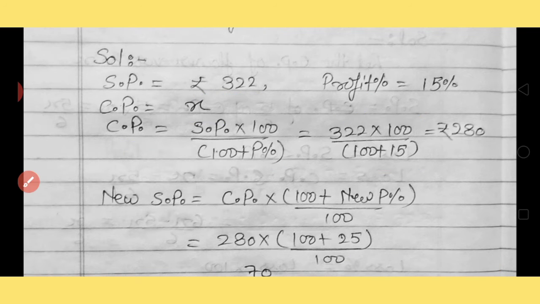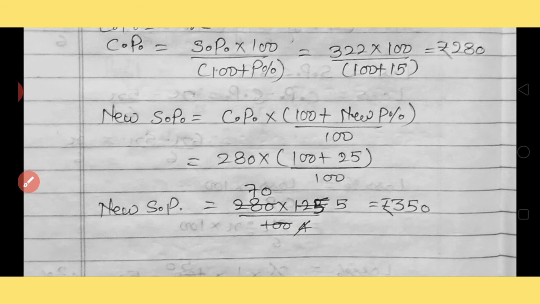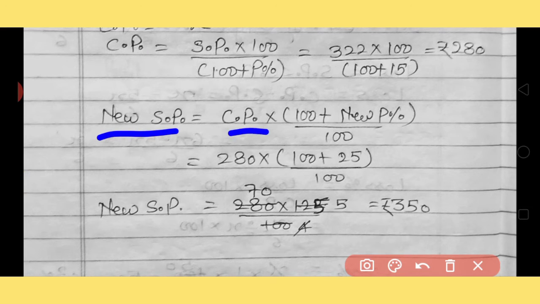Now we have to find the SP on the profit of 25%. So new SP I have written for better understanding. CP multiplied with 100 plus new profit percentage divided by 100. So 280 multiplied with 100 plus 25 upon 100.